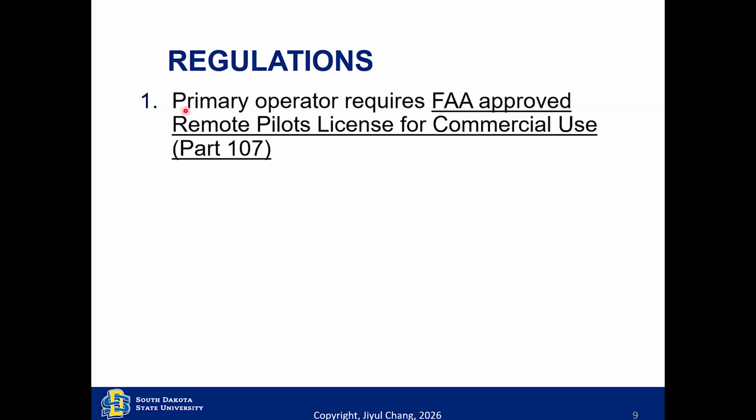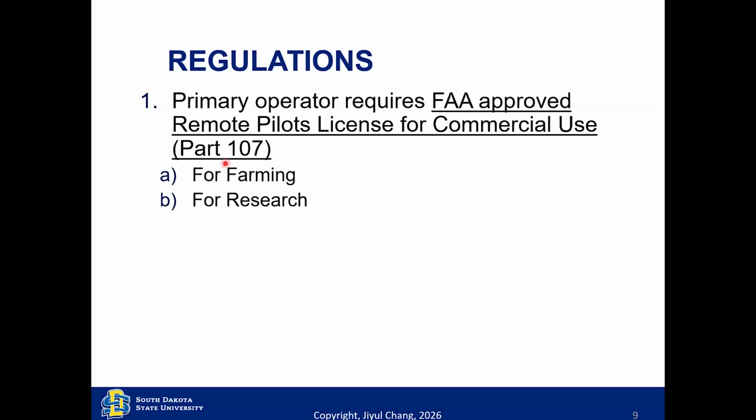The primary operator, the pilot, is required to have an FAA-approved remote pilot license. We call this Part 107. Part 107 is required for drones used for farming and for research.